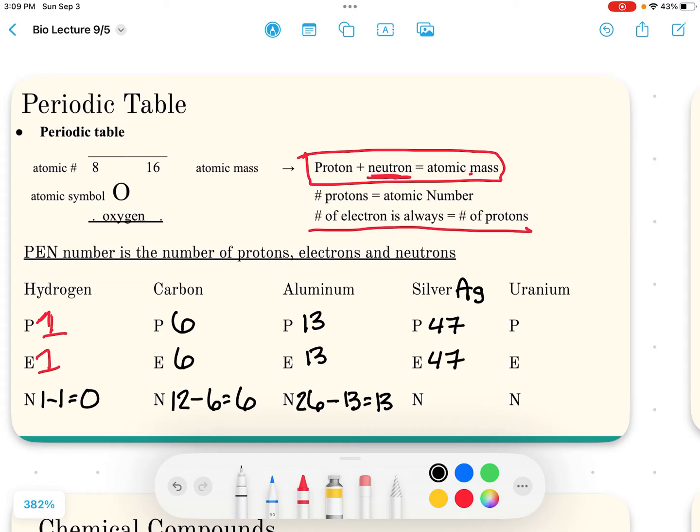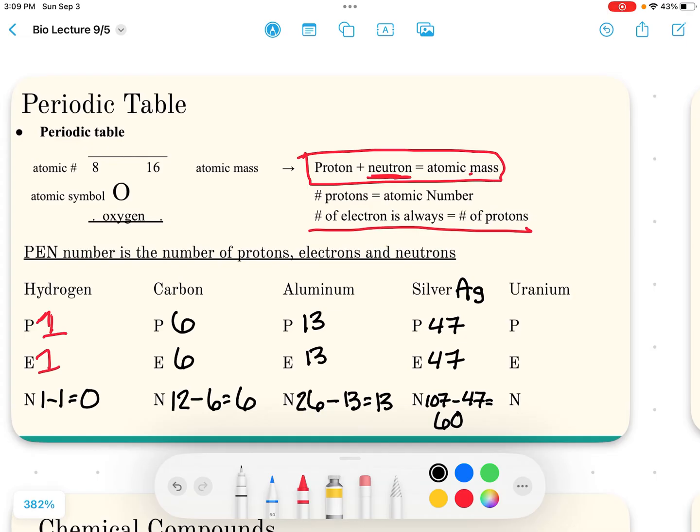And now we can solve for how many neutrons we have. So silver is 107, which is its atomic mass, minus the number of protons, which is 47. So 107 minus 47, you should get 60. So there's 60 neutrons in every silver atom.